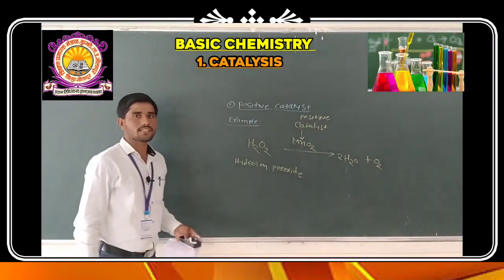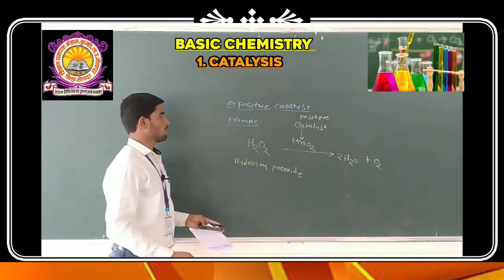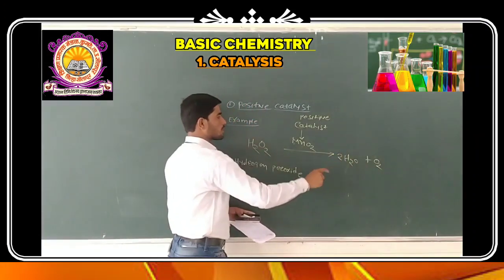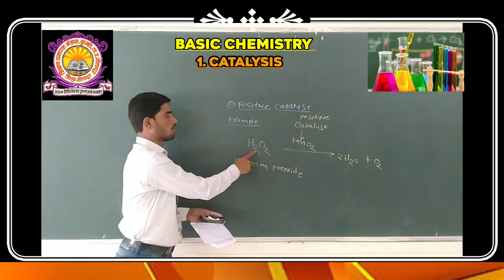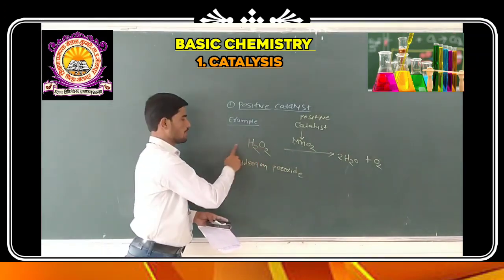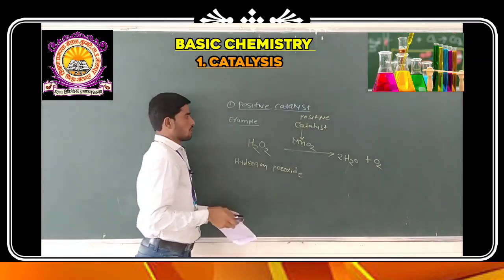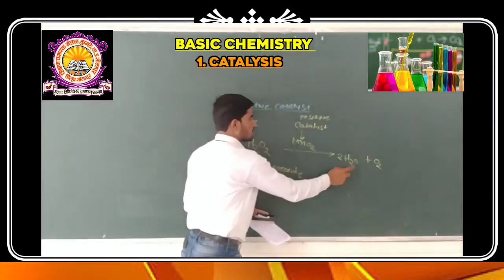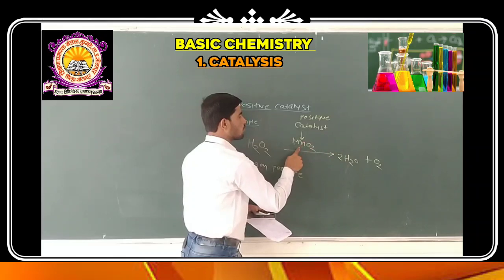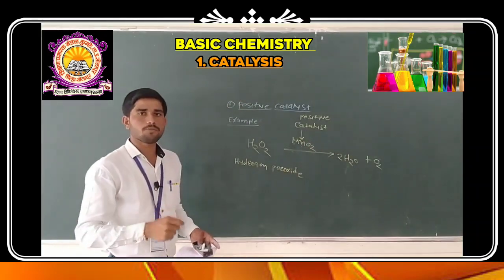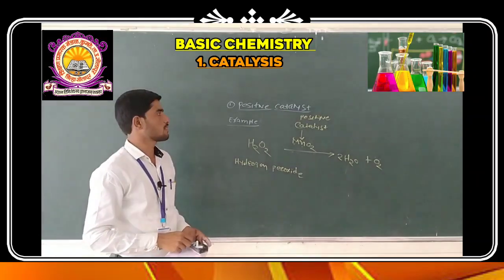So in this reaction we form water and oxygen. These are the products from H2O2, hydrogen peroxide. The reaction takes place in the presence of MnO2, and this MnO2 increases the rate of chemical reaction.